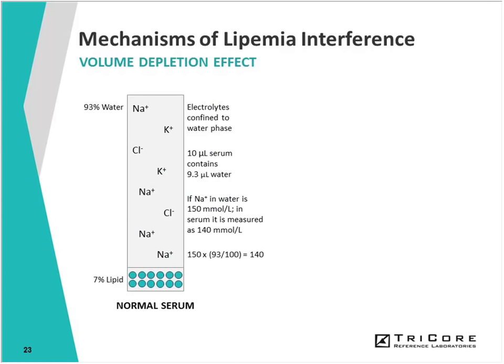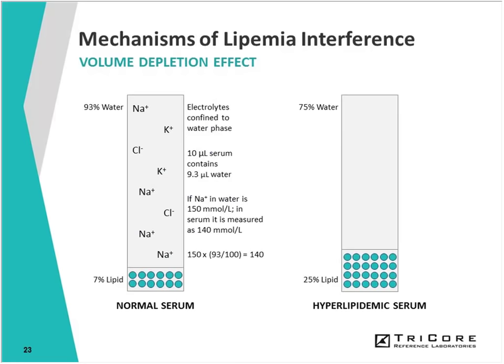Now, this negative error has been recognized for decades, and reference intervals take this negative error into account. And it's not really a problem until the volume of plasma water is decreased due to an increase of serum solids, such as may be the case with lipemic samples.